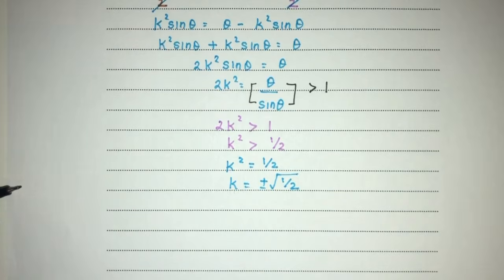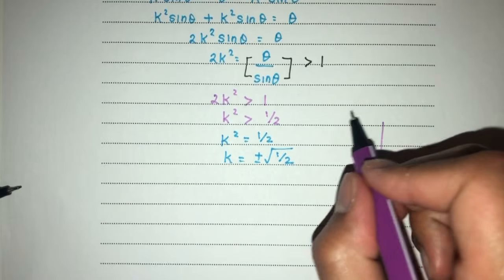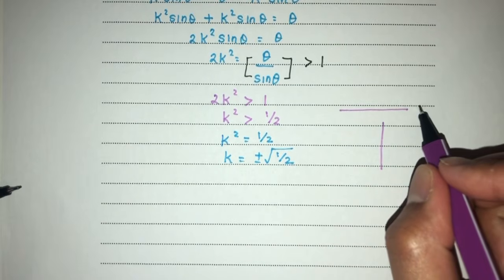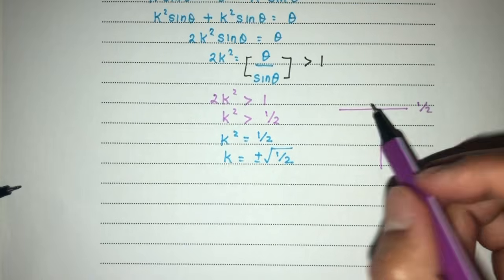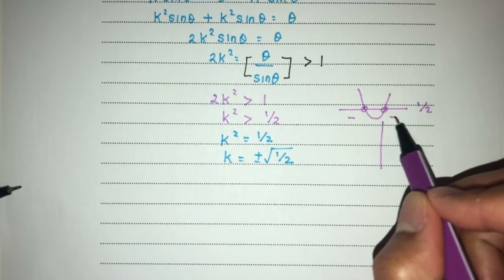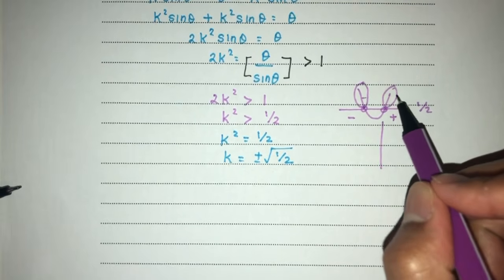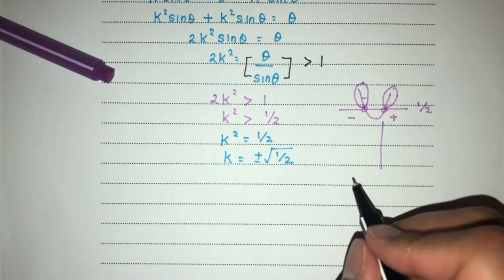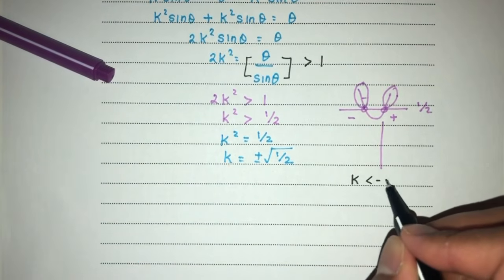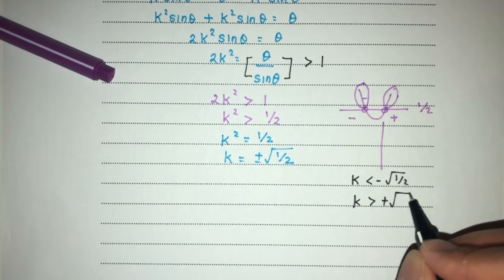This is my value for half for now, and this should be in this shape. This is the negative value, this is the positive value. For more than 0, it should be this and this. So k should be less than minus root of half, or k should be more than plus root of half.